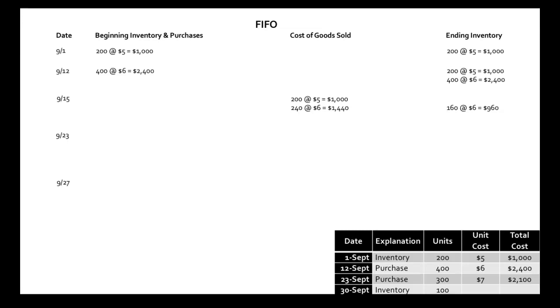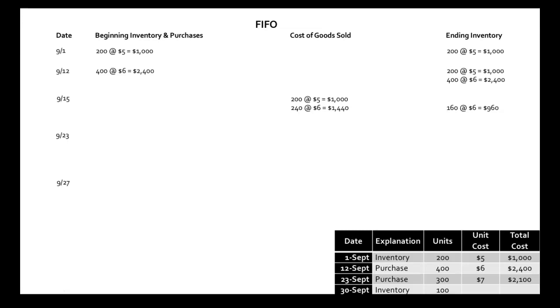We need to sell all of those in order to reach the 440 unit mark. So we sell all 200 at $5 a piece. Then how many more units do we still need to sell? Well, if we're selling a total of 440, we still need to sell an additional 240 units. And so that's how we get the 240 at $6 a piece. And if you take 240 times 6, that's where you get that 1440 that you see there under the cost of goods sold column.